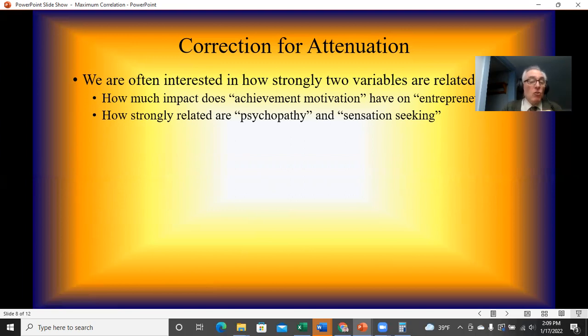If I'm studying achievement motivation, I want to know how much of an effect having a high level of achievement motivation would exert on entrepreneurship. If I'm studying psychopathy and sensation seeking, I could get interested in how closely related these two things are.